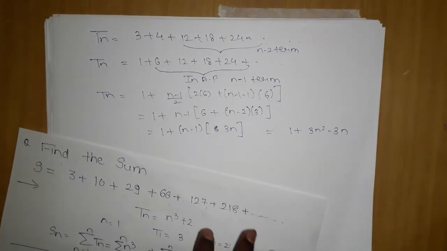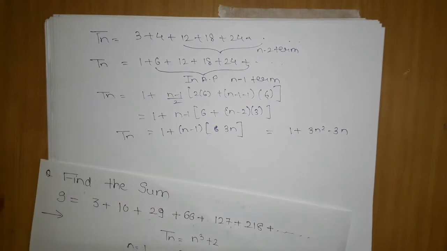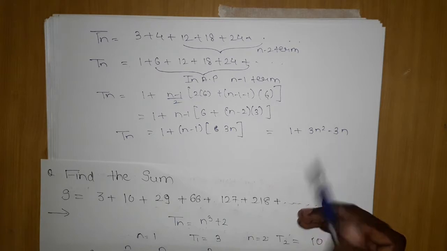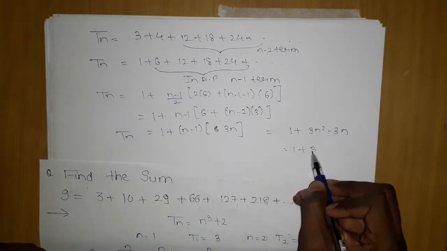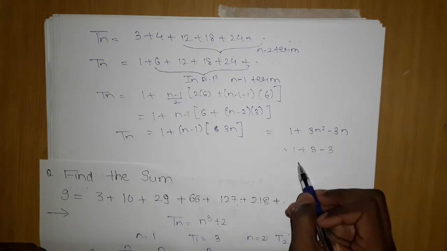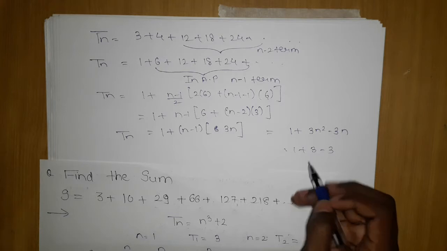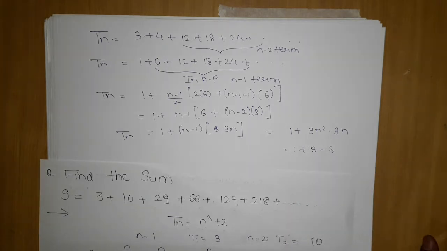So here you can clearly see our Tn is different. Now let's put 1. If I put 1 here, what do I have? 1 plus 3 minus 3, I get 1. So what can you predict from here?